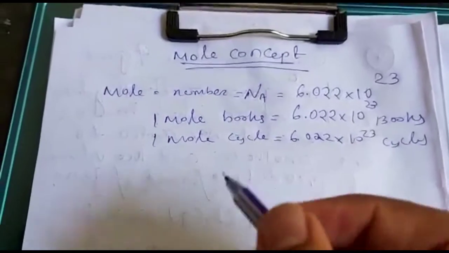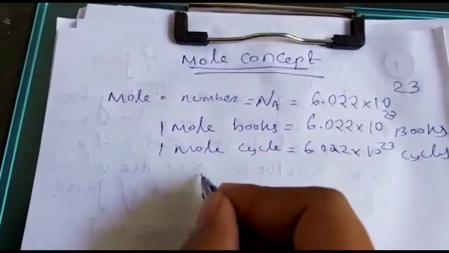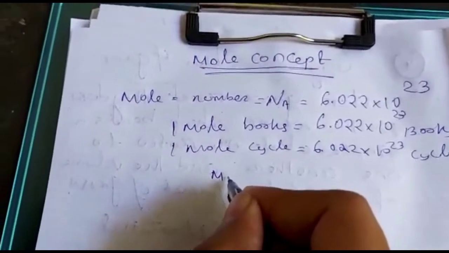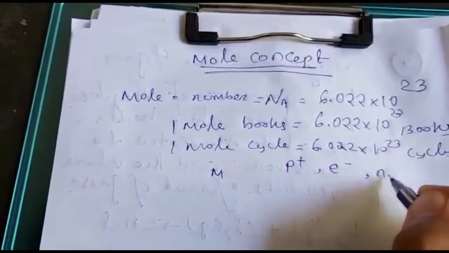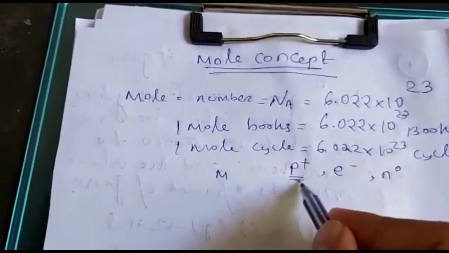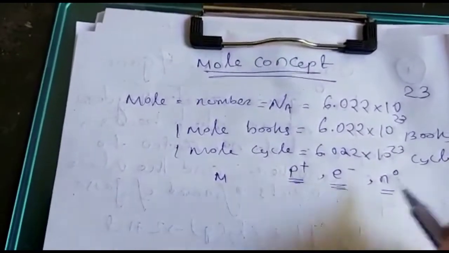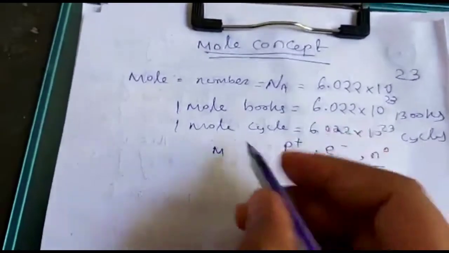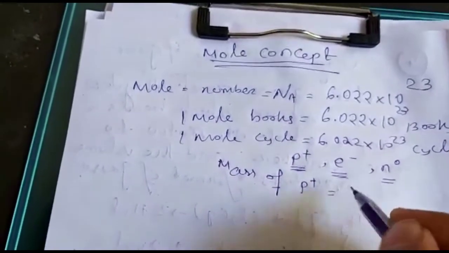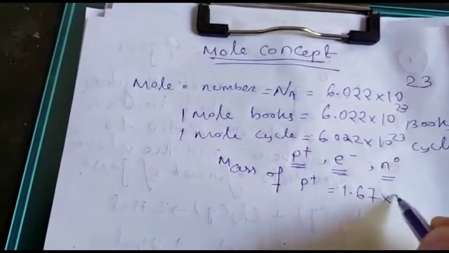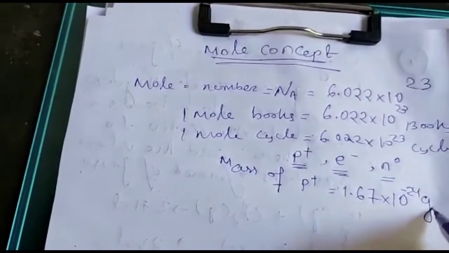From where we can find the concept, you can see this. First you should know we have 3 fundamental particles: proton, electron and neutron. Proton is the positively charged particle, electron is the negatively charged particle, and neutron is neutral in nature. The mass of proton is 1.67 into 10 to the power minus 24 gram.